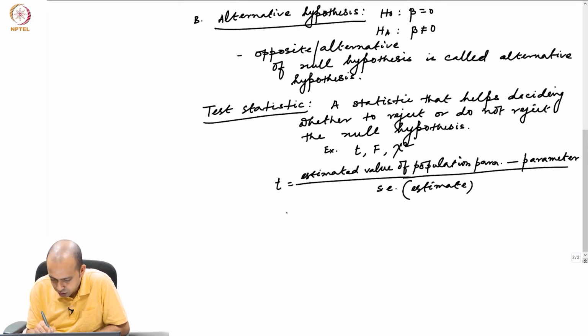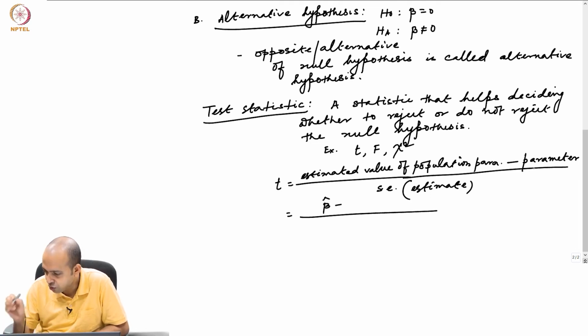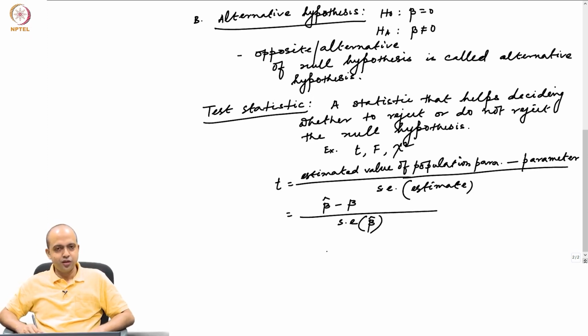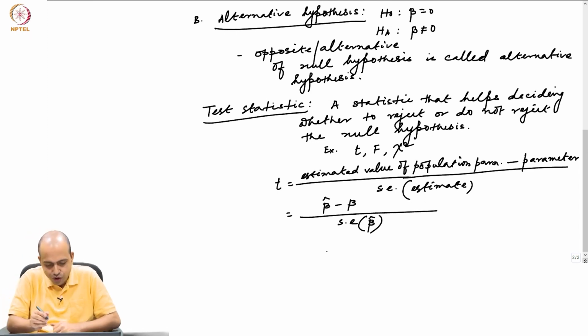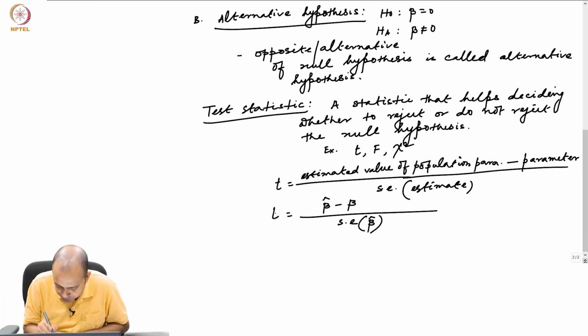In terms of notation, the estimated value of the population parameter is beta hat, minus the parameter, that is beta, divided by the standard error of the estimate, that is the standard error of beta hat. So t equals beta hat minus beta, divided by the standard error of beta hat. This is how we define our t statistic.